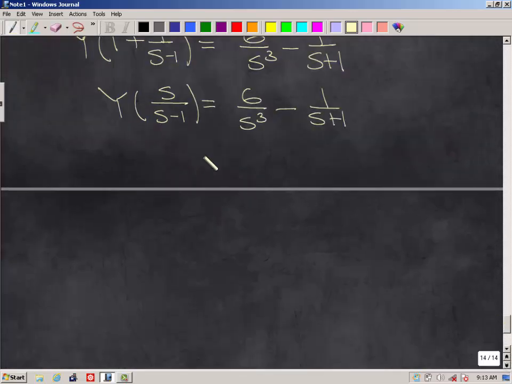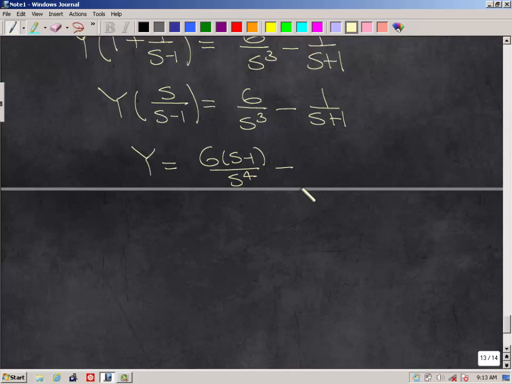Then you multiply both sides by s minus 1 over s, so big Y is going to be 6 times s minus 1 over s to the 4th, minus, over here we're going to end up with s minus 1 over s times s minus 1, s plus 1. Remember, we are multiplying both sides by s minus 1 over s to get rid of this guy.